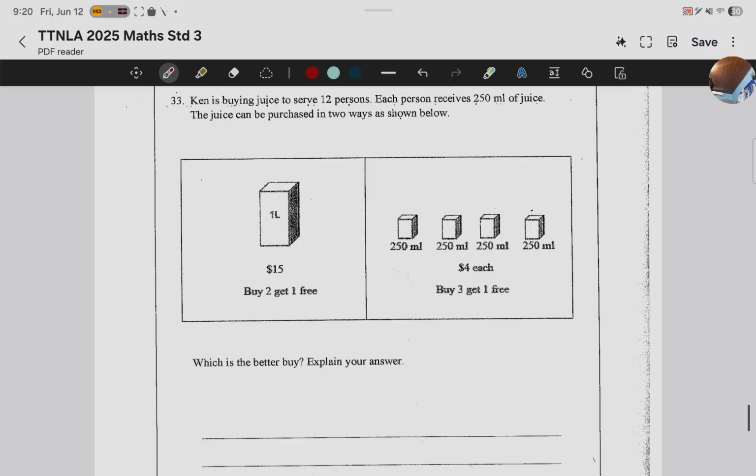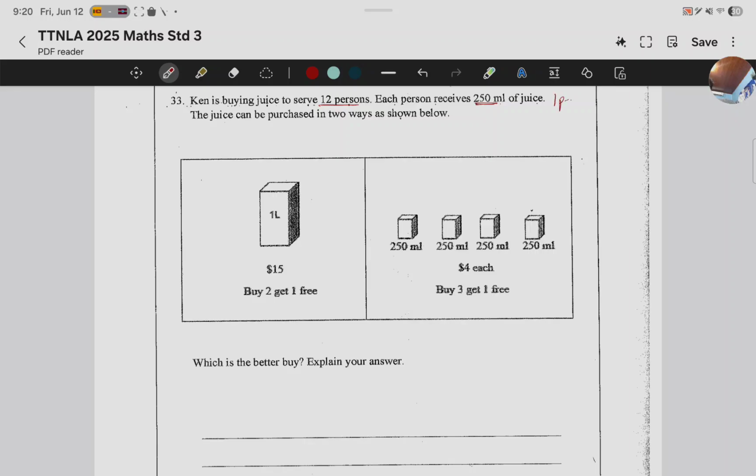Ken is buying juice to serve 12 persons. Each person received 250 milliliters of juice. The juice can be purchased in 2 ways as shown below. Good. So if it's 12 persons, each with 250 milliliters, let's see how much juice this is in total.